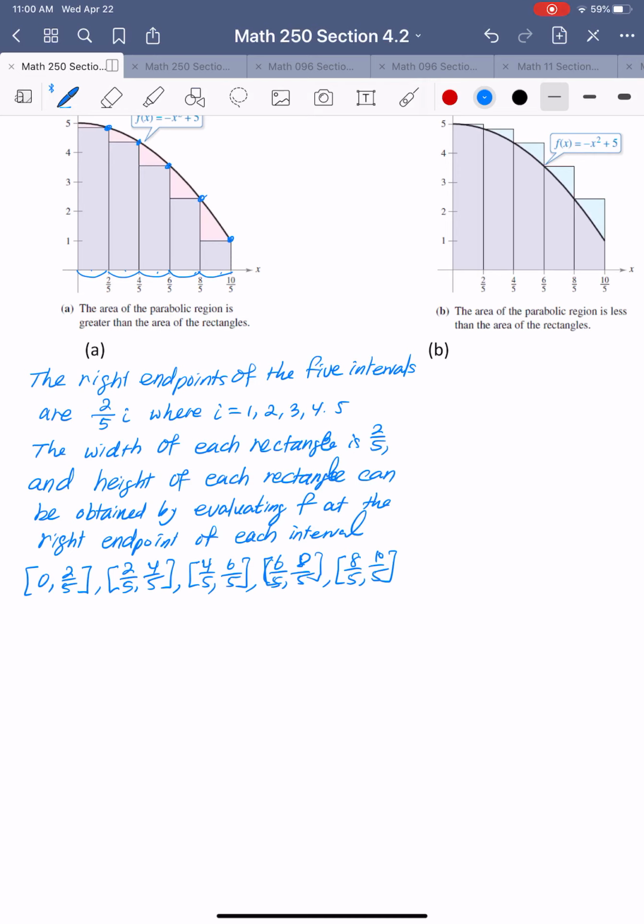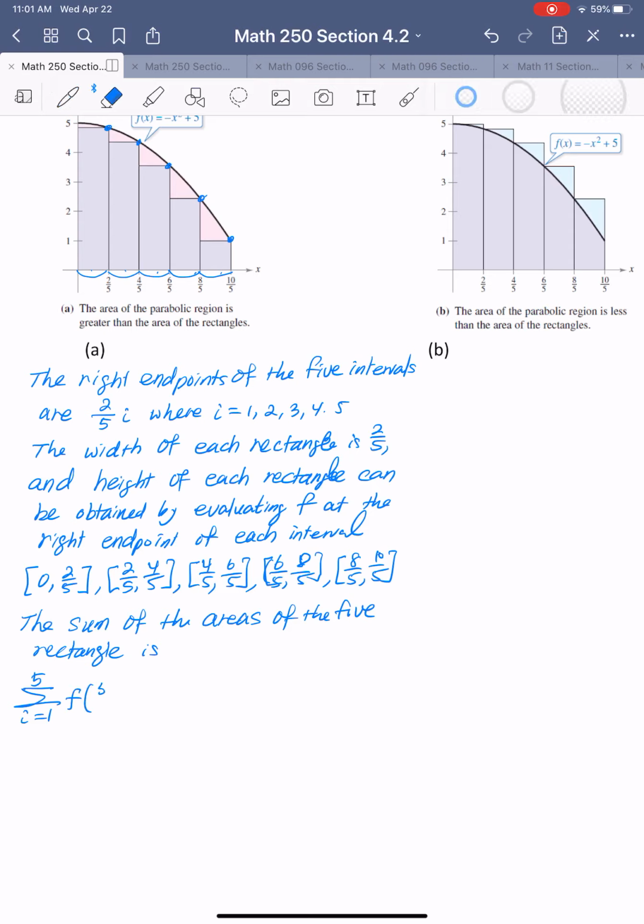So to get the sum of the areas of the five rectangles, we take i equal to 1 to 5, and then the base, the half of, it's going to be five, half of 2i over 5 times 2/5.